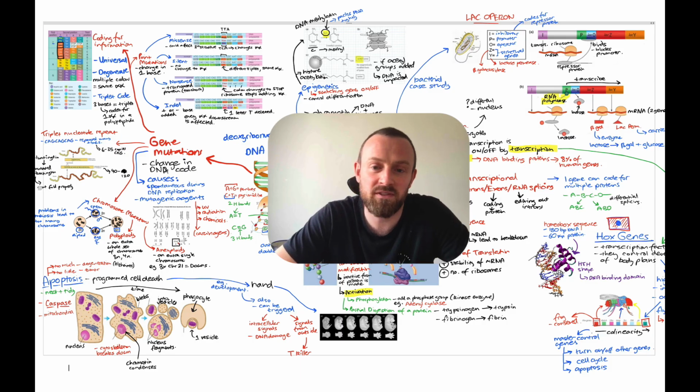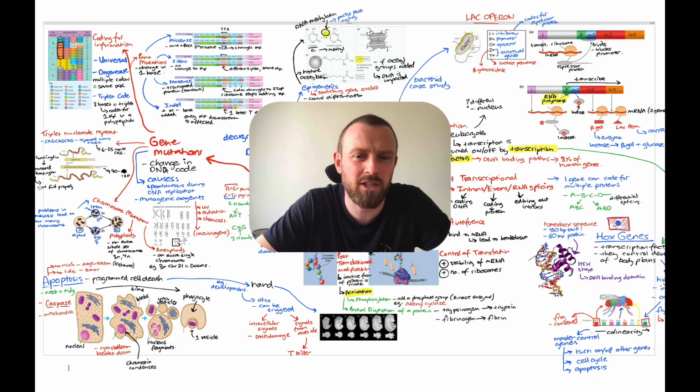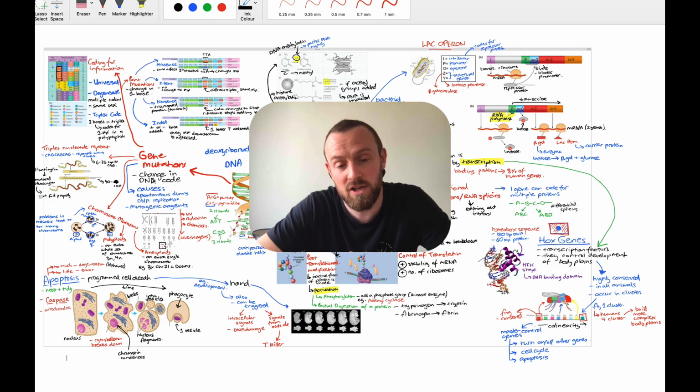We also looked at a specific case study called the Lac Operon, which is how E. coli switches on and switches off the expression of two genes involved in lactose use. We looked at Hox genes and the way they control body plans. And finally, we looked at apoptosis and why this programmed cell death is necessary and how it's regulated and how it is carried out. So I hope that was really useful.